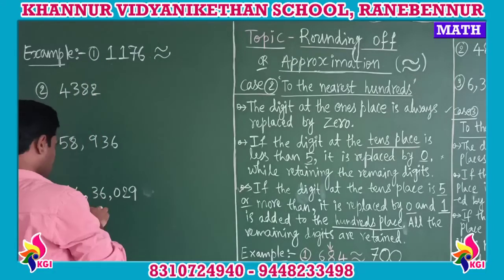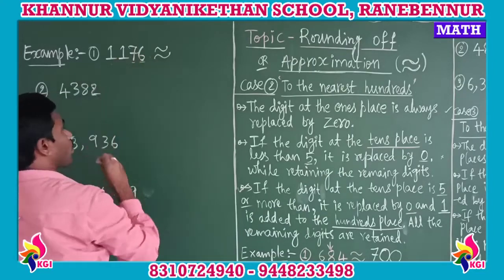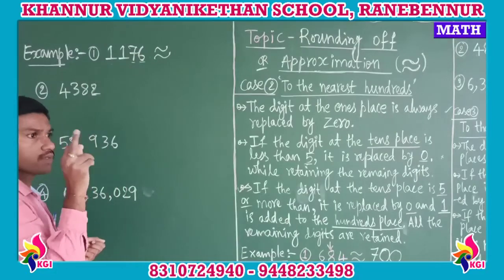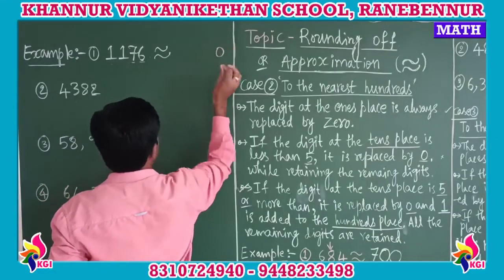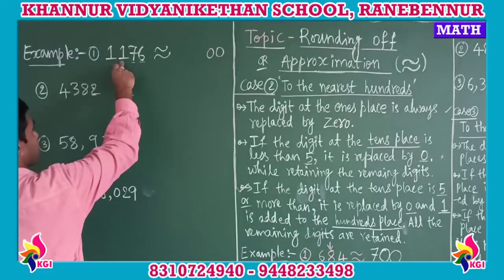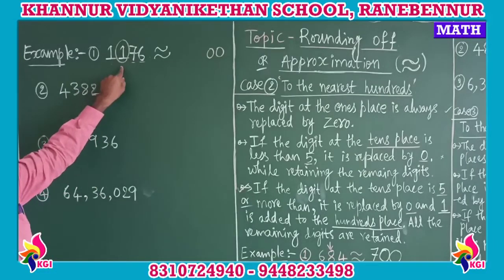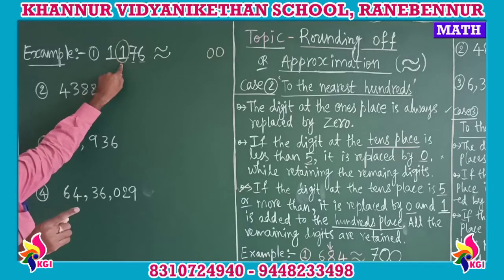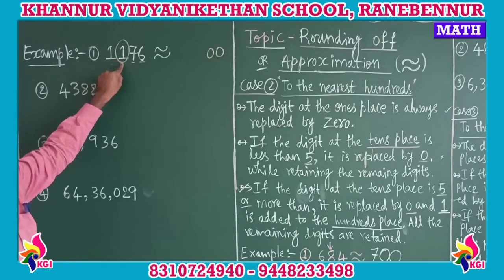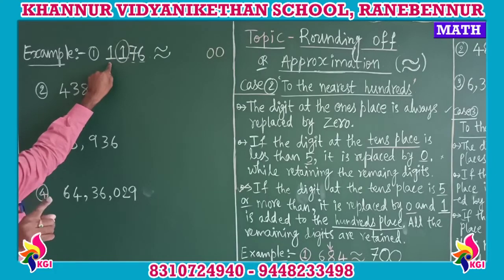The first condition is telling that in the ones place and tens place, whatever number is there, you should replace by 0. In the ones place 0, tens place 0. Correct. Next, what is there in the hundreds place? 1 is there. If the hundreds place has 1, or 5, or less than 5, you should replace it by 0, then retain the remaining digits.